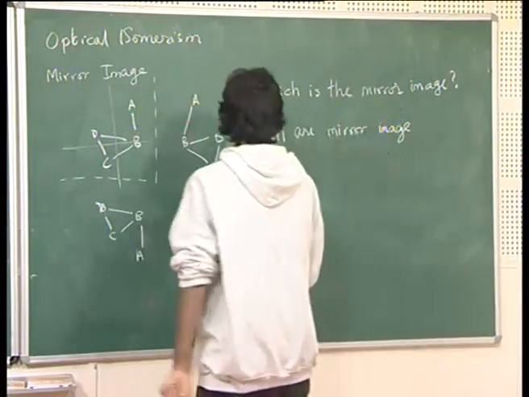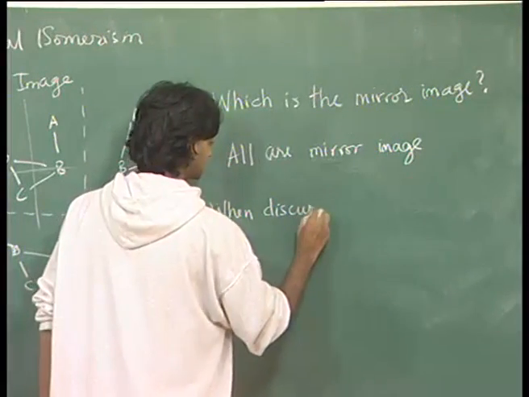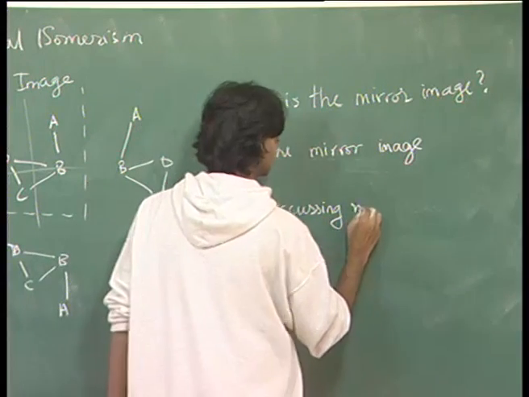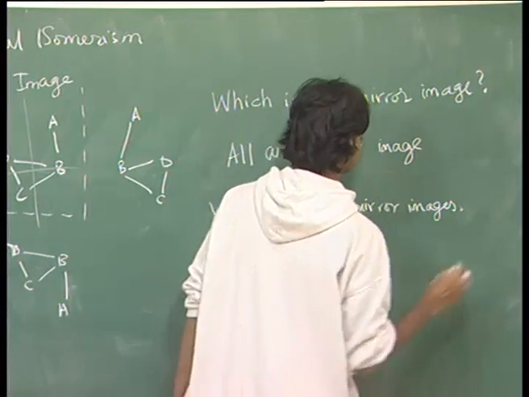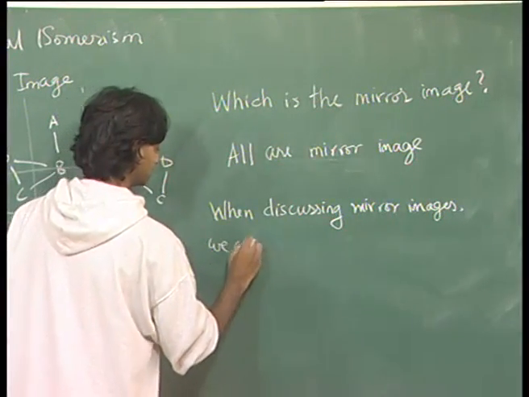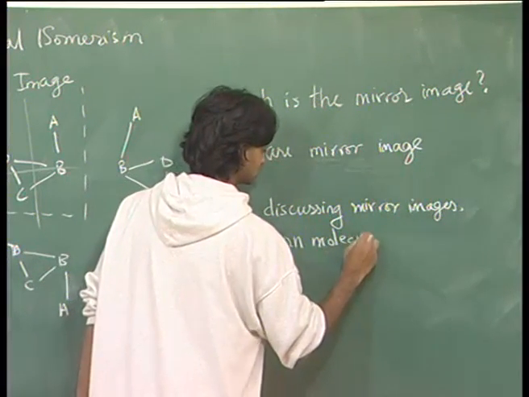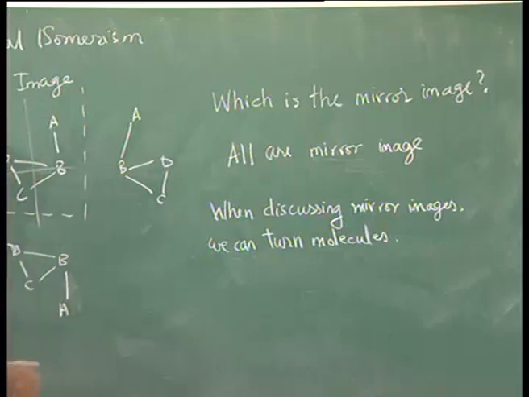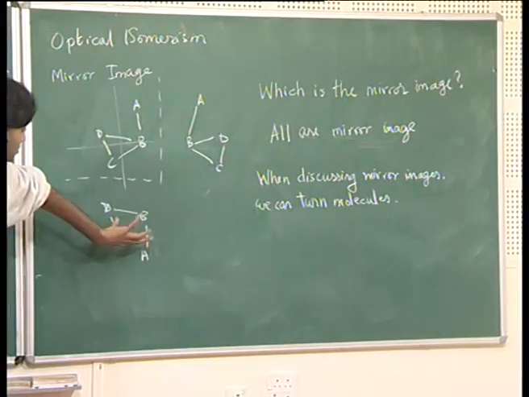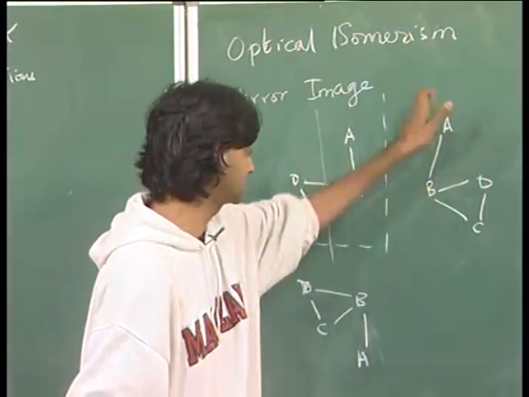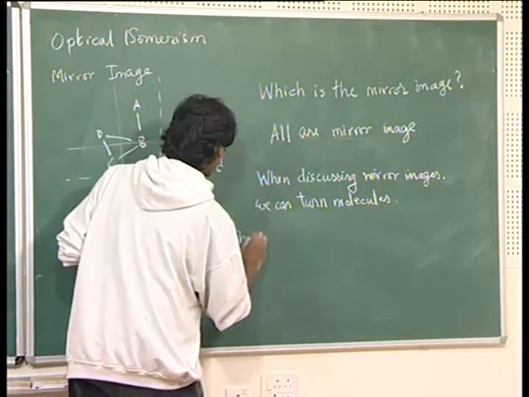So, when discussing mirror images, we can turn molecules. Whether I take this as a mirror image or this as a mirror image, I can always turn one around and I will get the other. So, in other words, there is only one mirror image for any molecule.